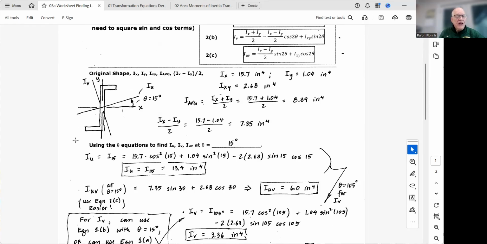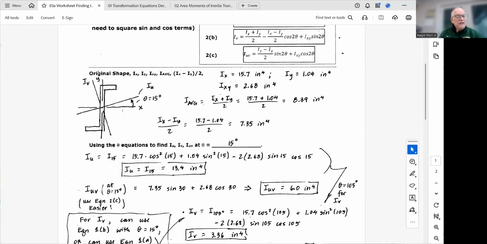This S shape lies mostly along a diagonal that goes from quadrant 1 to quadrant 3. So you would expect that shape to have a positive Ixy, and it is positive. The other thing you notice about this shape is that more of the area is closer to the y-axis and farther from the x-axis.